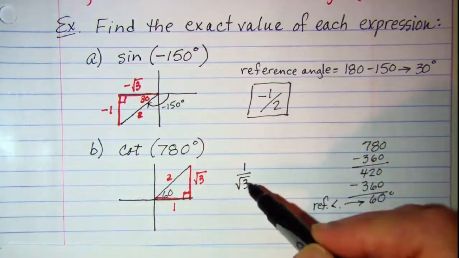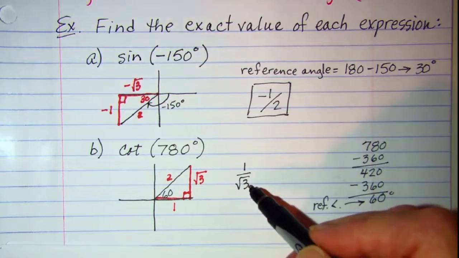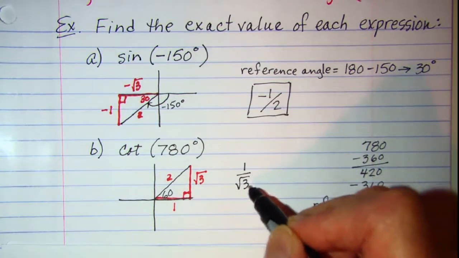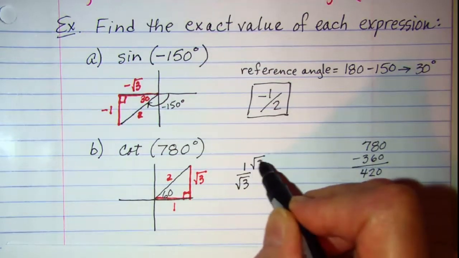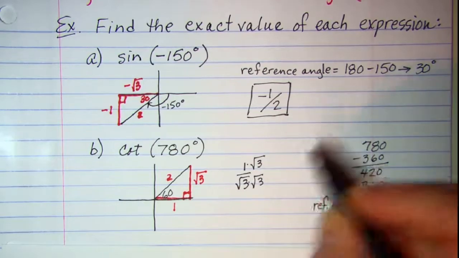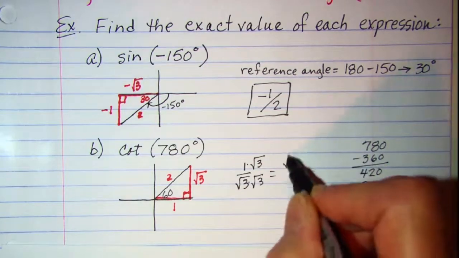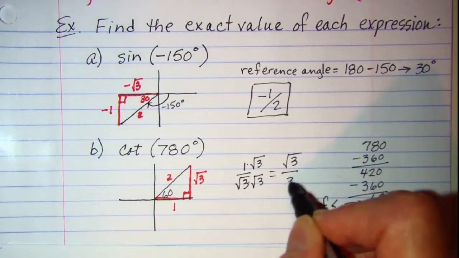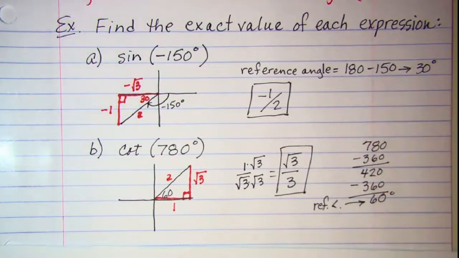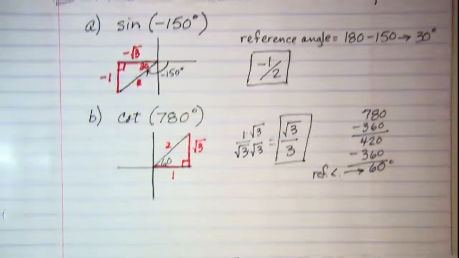Now we need to rationalize this denominator, and you do that by multiplying top and bottom by that radical. So we'll multiply numerator and denominator by root 3, and we get root 3 over 3. Let's do another problem.